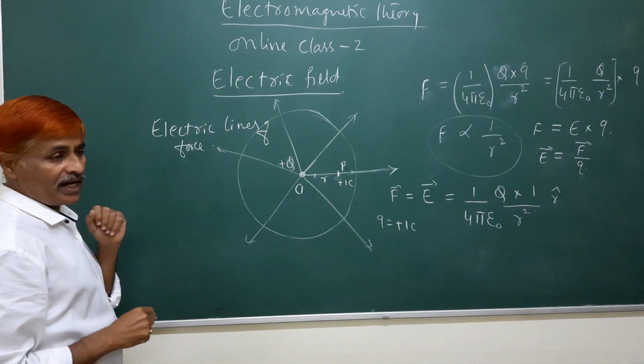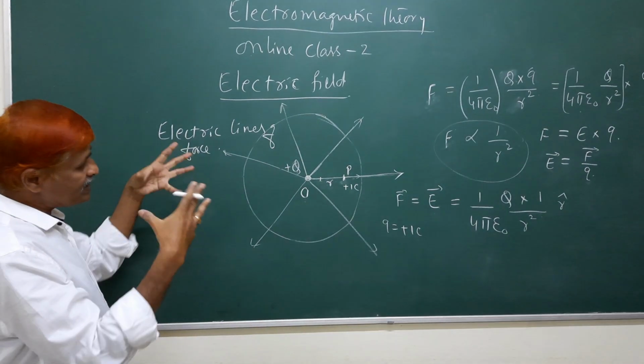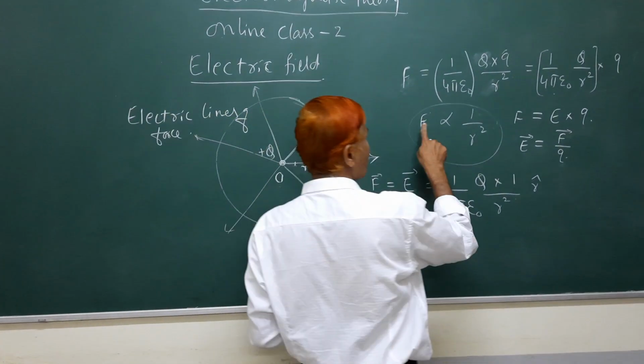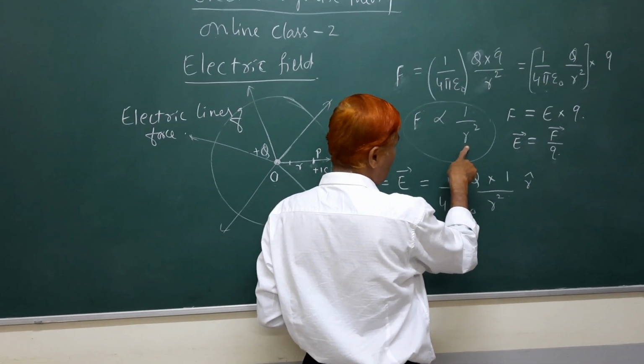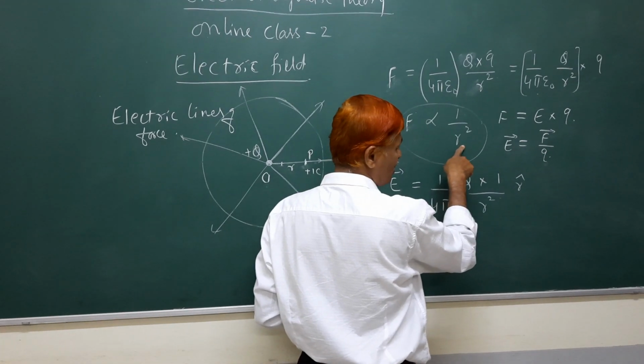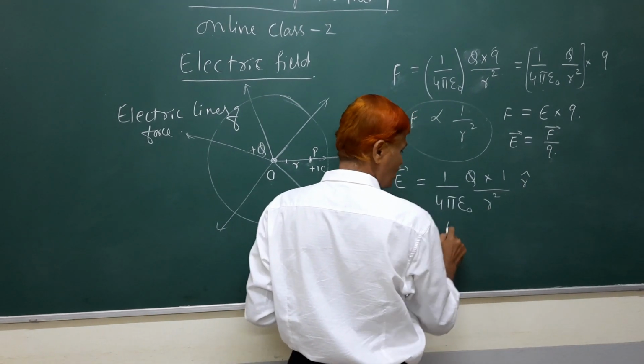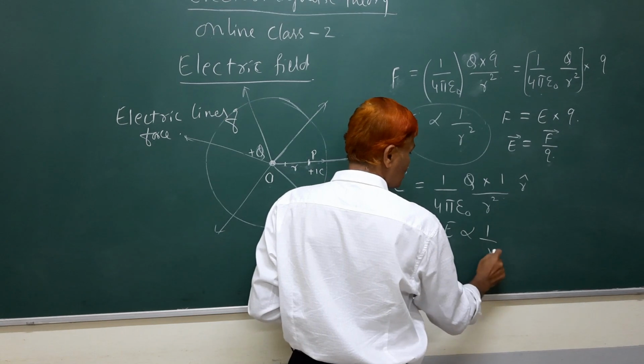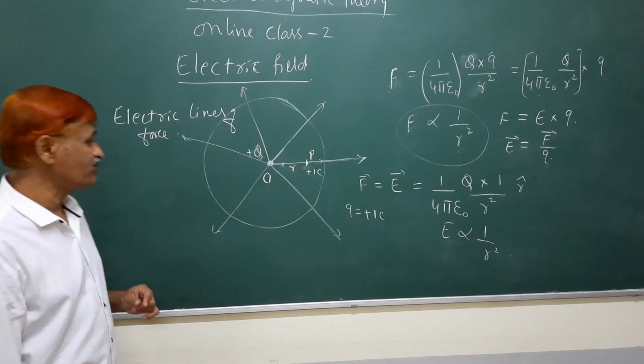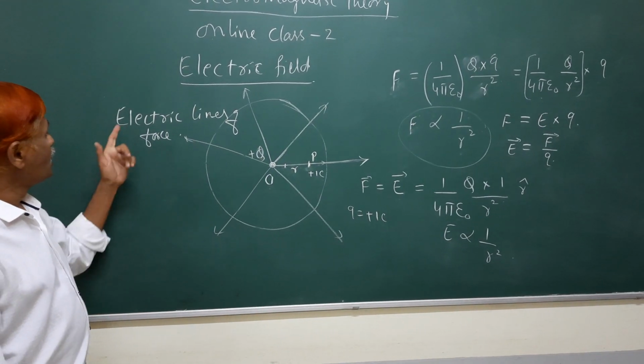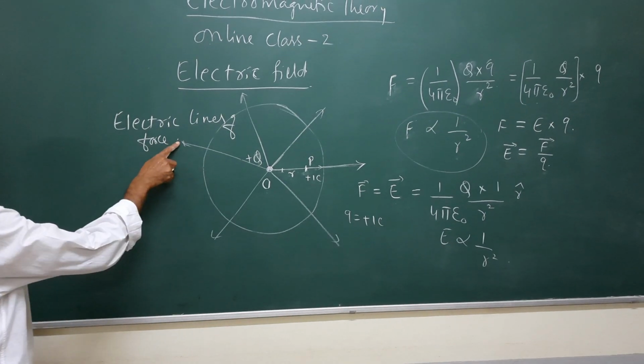This is the idea by which we can understand how F depends on R, how F or E changes with the inverse square of the distance. This is electric lines of forces.